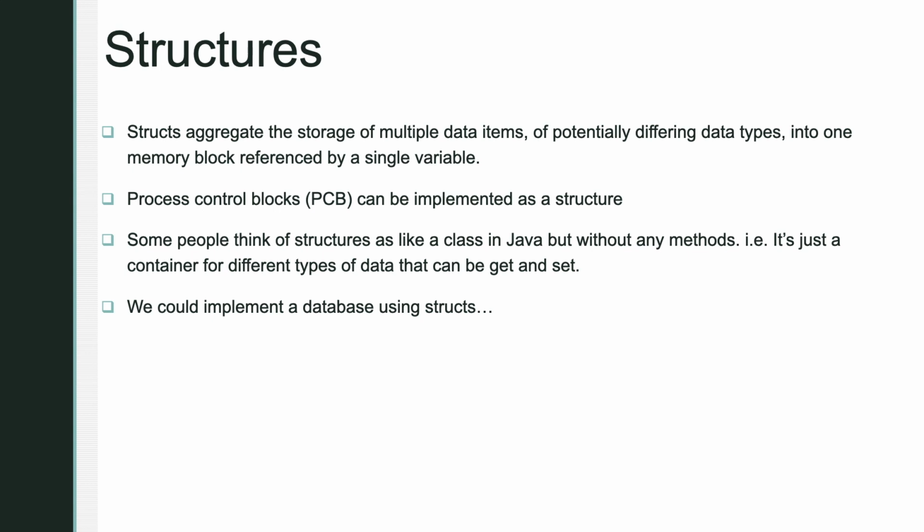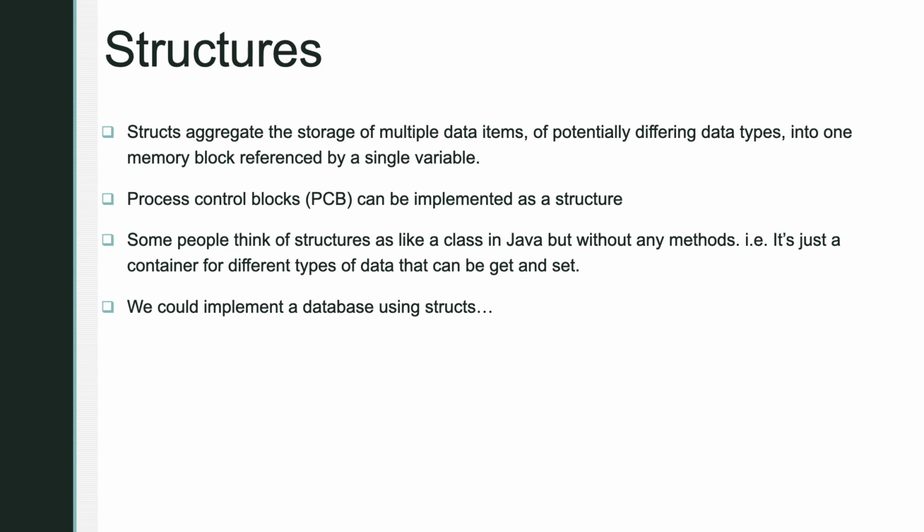You can think of them as like a class in Java, but without any methods. So it's like the member variables of a class, and you can get the value and you can set the value. The operating system has to keep track of the information about a process, and this is inside a process control block, and this can be implemented as a structure.